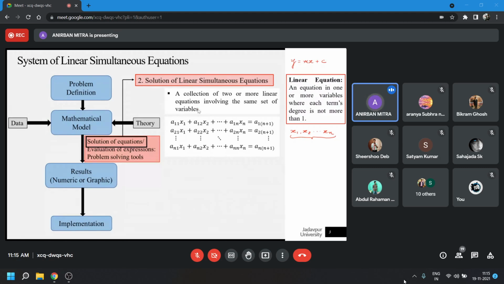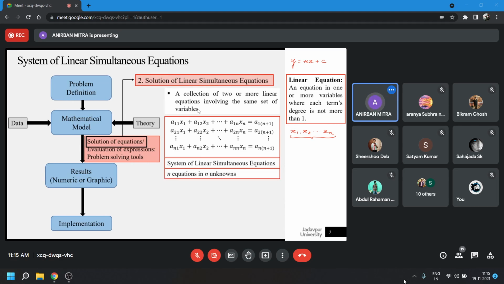So that makes up a system of simultaneous linear equations, or you might say linear simultaneous equations. So this is the system of equations that we are interested in, and we'll be trying to find a generalized method of solving such system of equations.